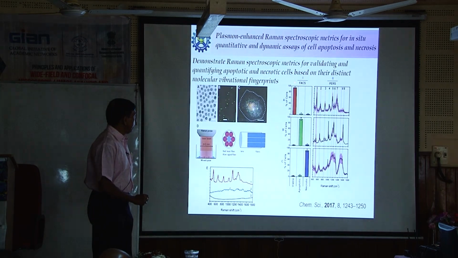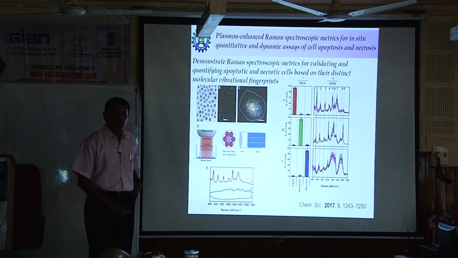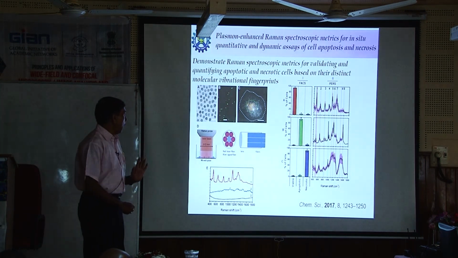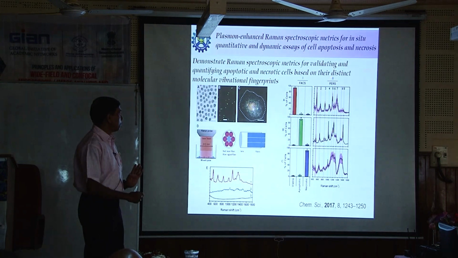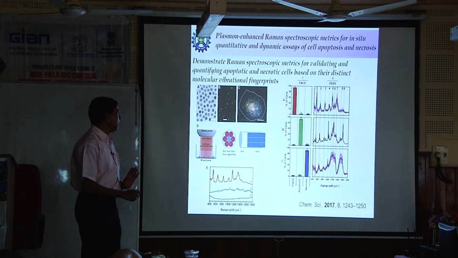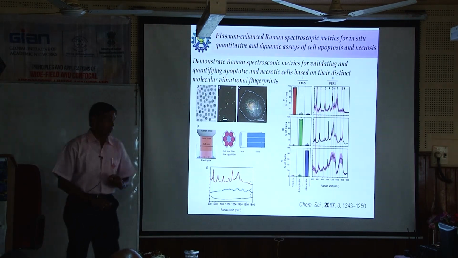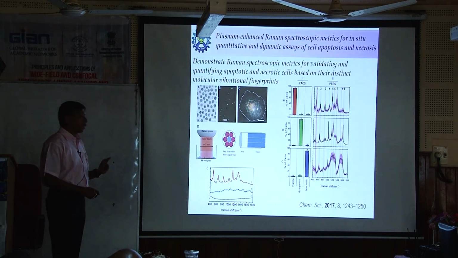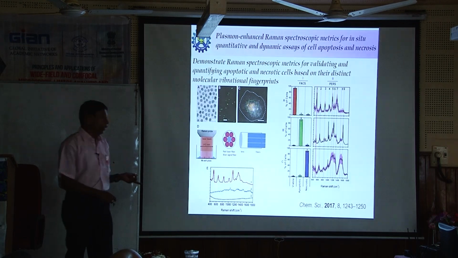If you check in FACS analysis, you can see the viable, apoptosis and necrosis percentage, and that same thing can be translated to this PERS, where you can see the difference in the spectral features. These two are complementary to each other. This is very recent work, where they can check the apoptotic and the necrotic factors through this modality.